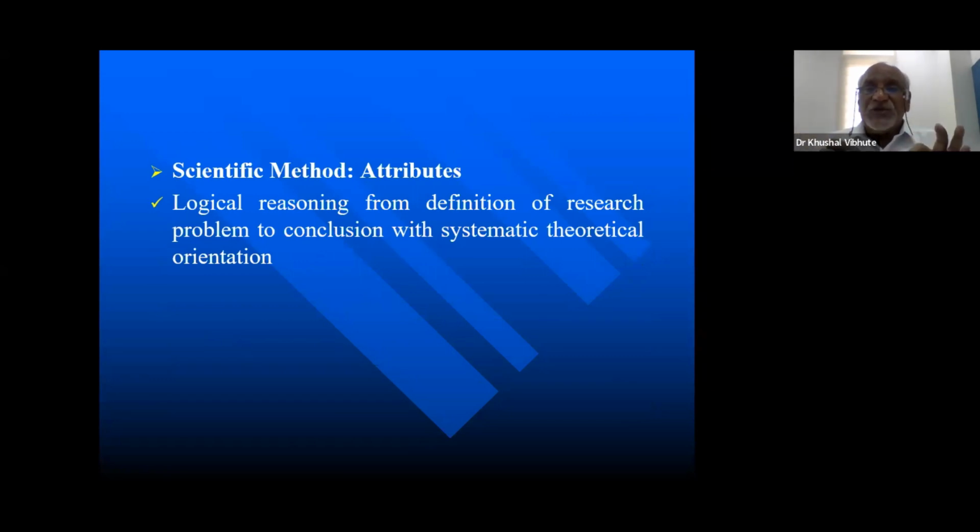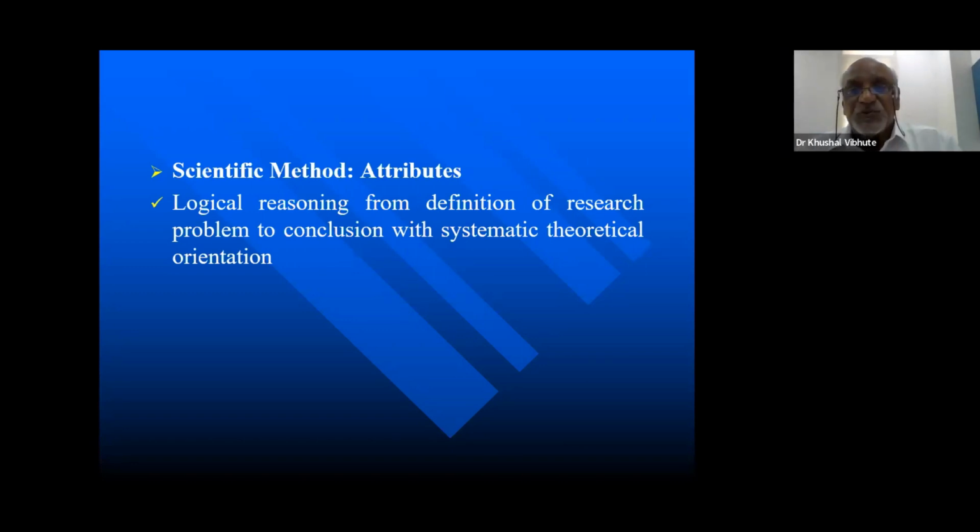Now, the way in which you identify a legal fact for inquiry, collation of the facts, analysis of those facts, drawing inferences from those facts, you must be logical. Therefore, you need to be logical from the first step of research, that is formulation of research problem, to the conclusion, and this has to be done in a systematic, theoretical way.